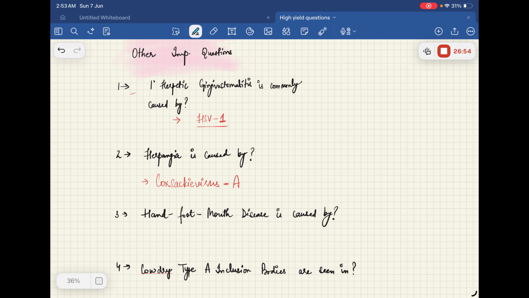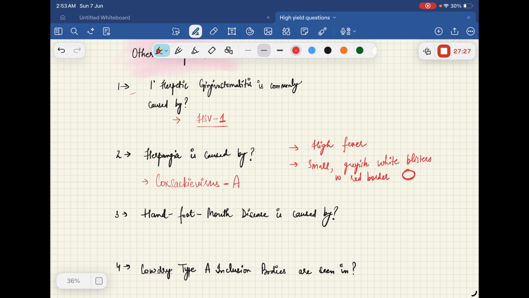It's basically a viral infection which presents as high fever, and shows small grayish white blisters with red border. So basically a red border with grayish white blisters.